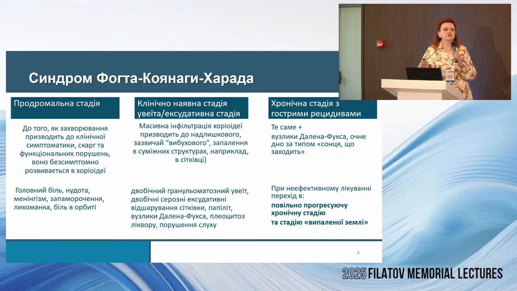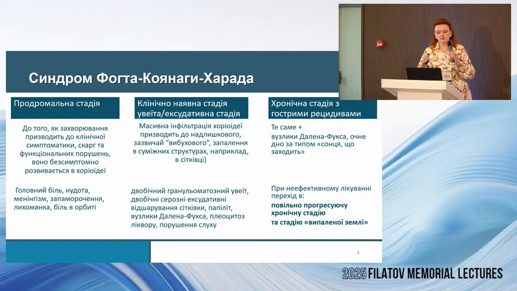The second stage is the clinically present exudative stage, with massive infiltration of the choroid with a high level of inflammation, for example, in the retina. It is in both eyes: granulomatous uveitis, massive fulminant cirrhosis, exudative detachments of the retina.